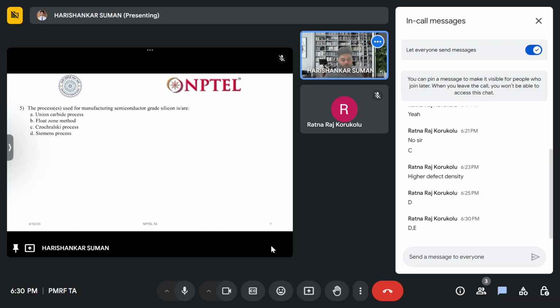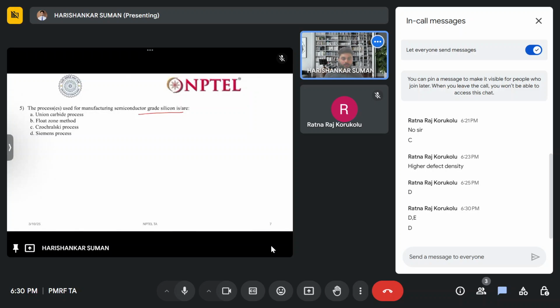Next, the process used to manufacture semiconductor grade silicon is a union carbide also and cement process.